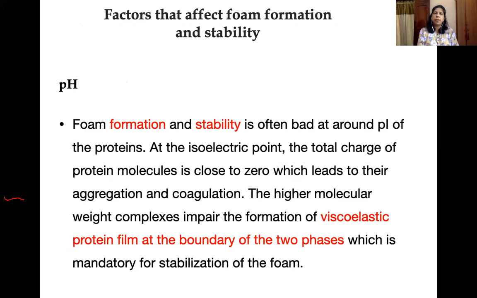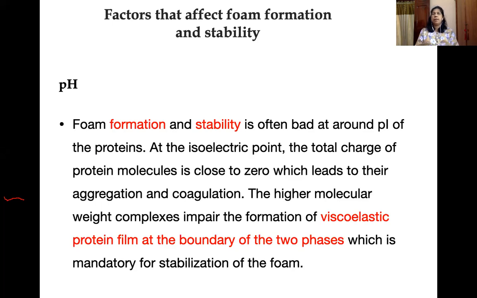Let's discuss what other factors affect foam formation and stability. Foam formation and stability is often bad around the isoelectric point. In the case of emulsions, the isoelectric point pH is not suitable for emulsification, and for foam formation and stability also the isoelectric point is not a suitable pH. At the isoelectric point, what happens? The total charge of protein molecules is close to zero, which leads to their aggregation and coagulation.